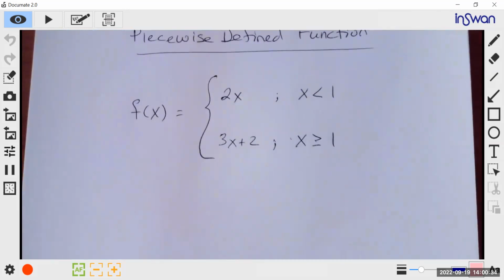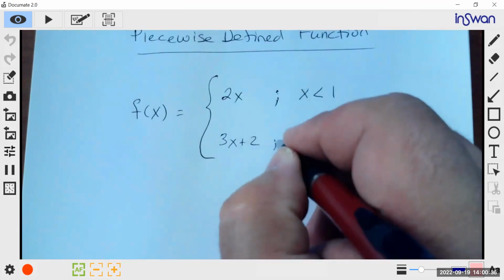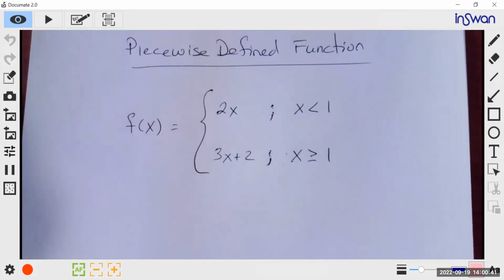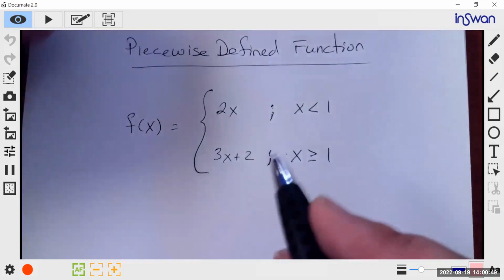A piecewise defined function takes one function and breaks it down into multiple parts.